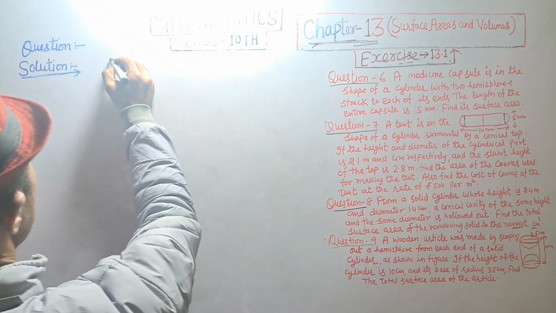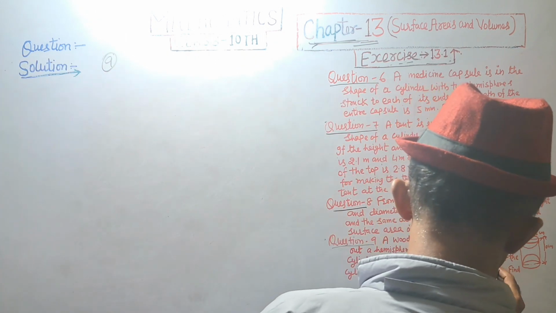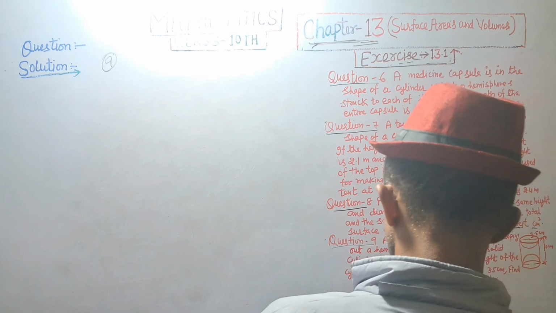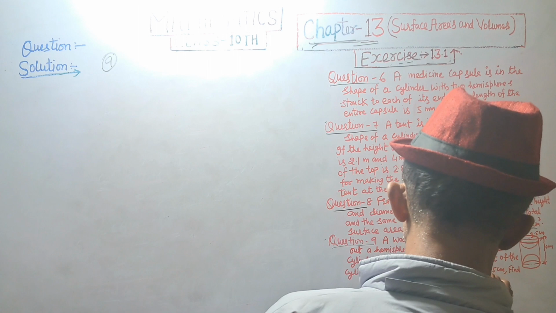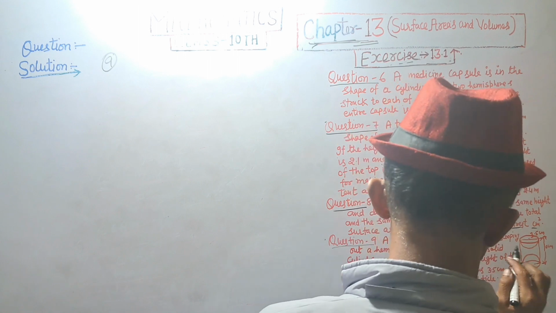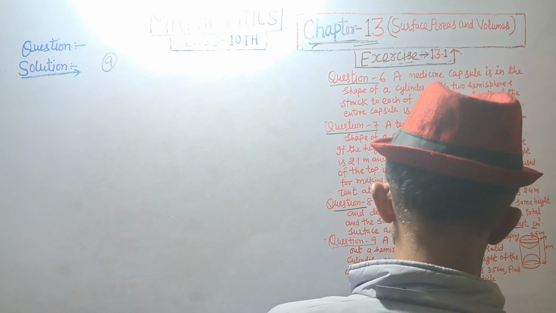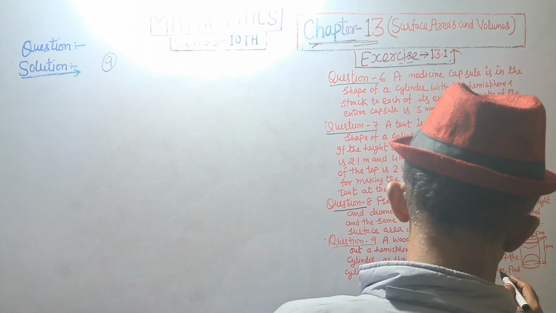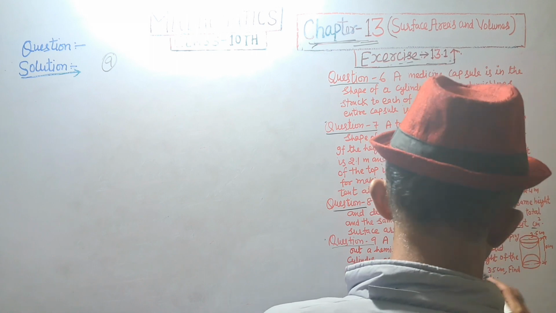Question number 9. A wooden article was made by scooping out a hemisphere from each end of a solid cylinder as shown in figure. If the height of the cylinder is 10 centimeter and its base of radius is 3.5 centimeter, find the total surface area of the article.